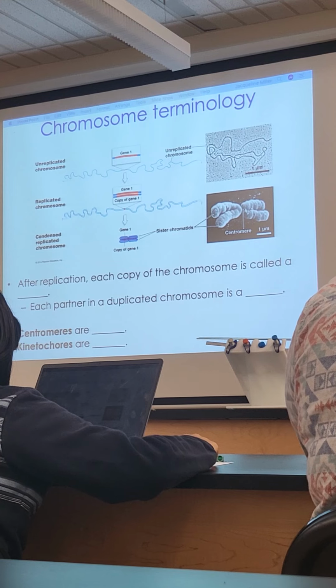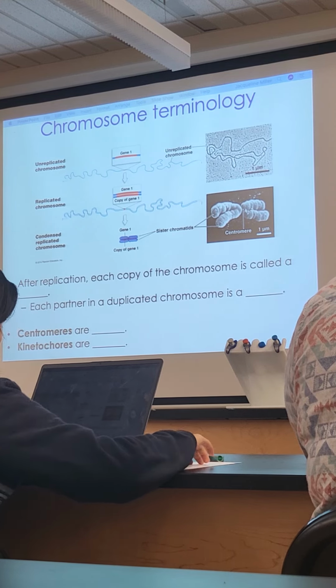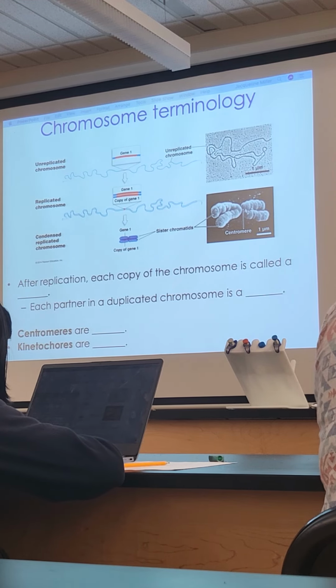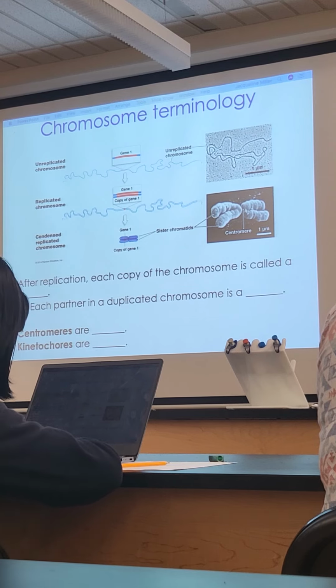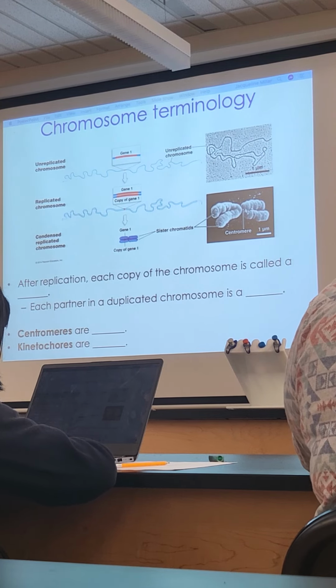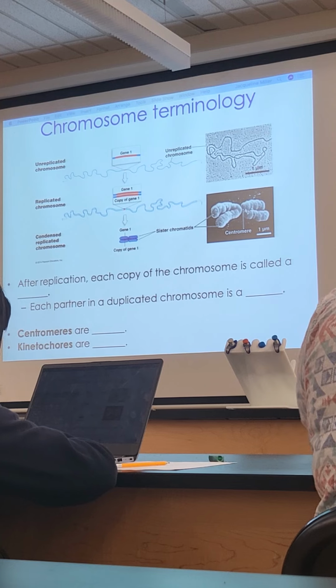Okay, the kinetochore is a complex of proteins. So I'm going to write, this is our kinetochore. This thing right here is our centromere. So the kinetochore is a complex. It actually involves about 100 proteins.